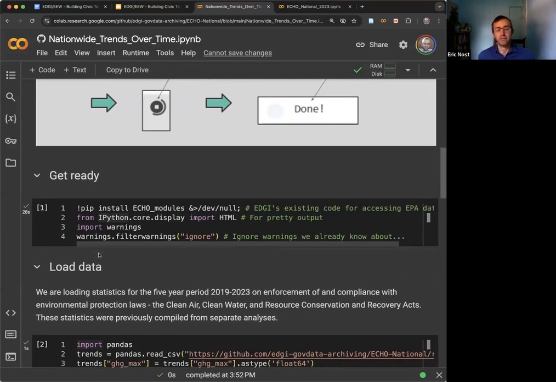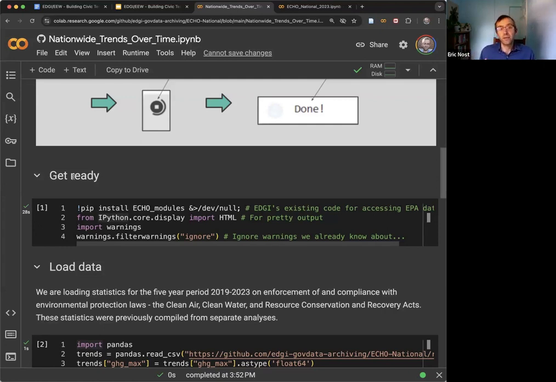So this analysis is focused on nationwide trends in enforcement and compliance with environmental protection laws over time. To what extent are state and federal EPA agencies enforcing things like the National Pollutant Discharge Elimination System of the Clean Water Act, the Clean Air Act, the Resource Conservation and Recovery Act, which manages toxic or hazardous waste?